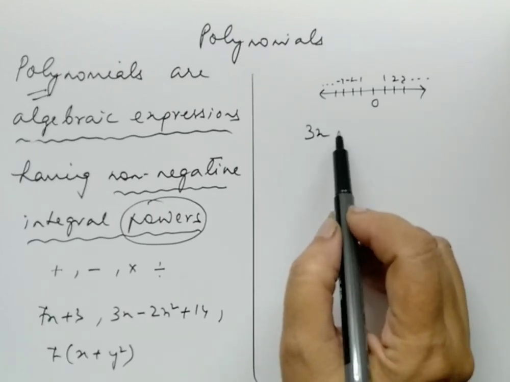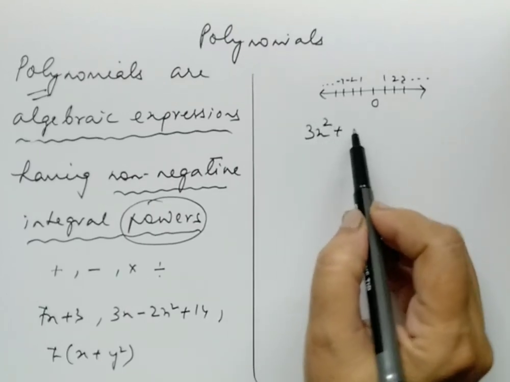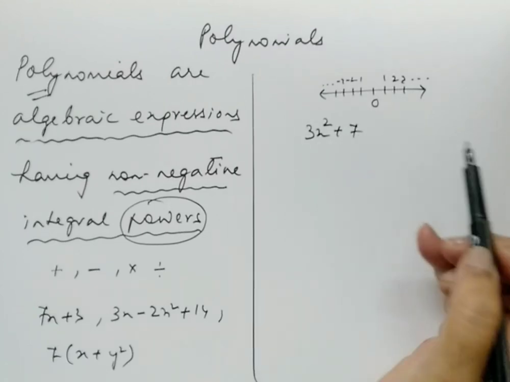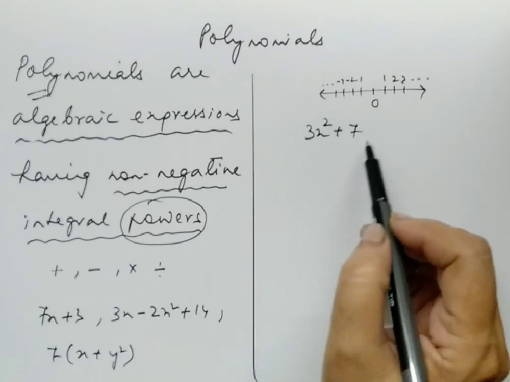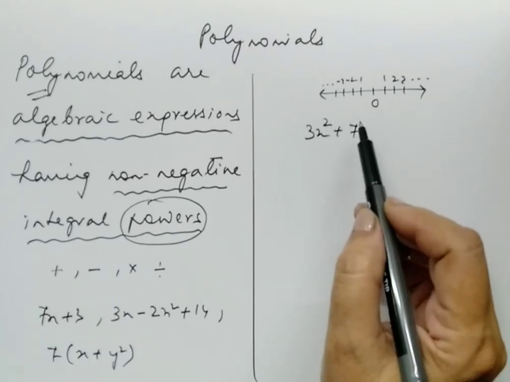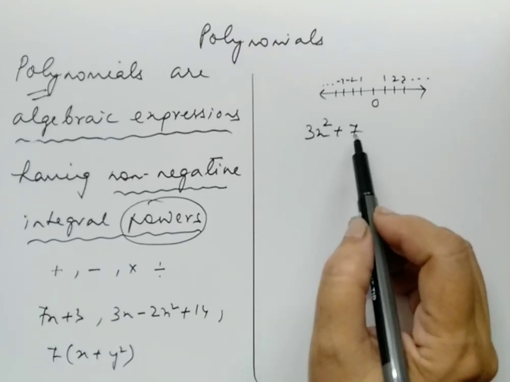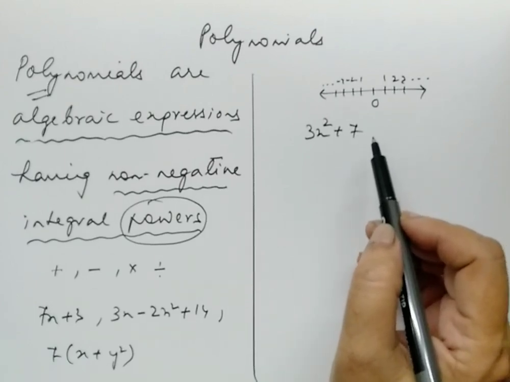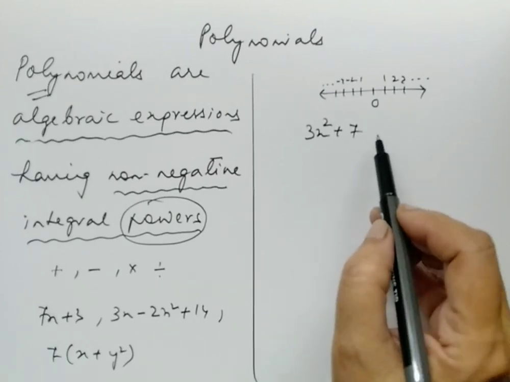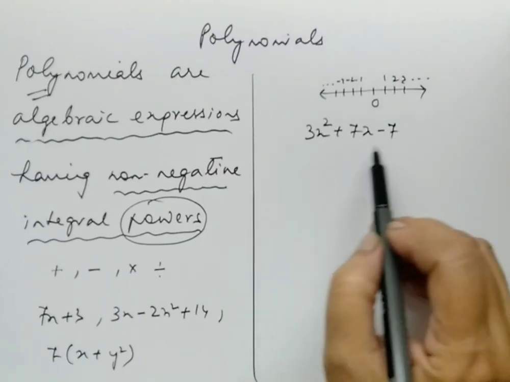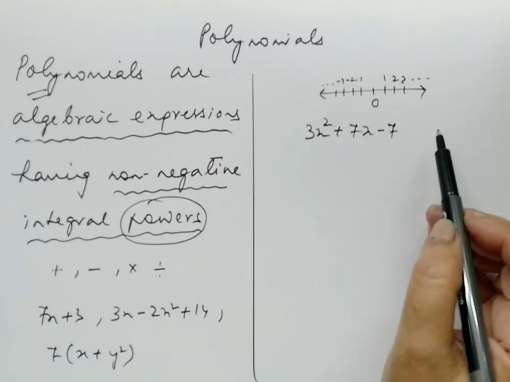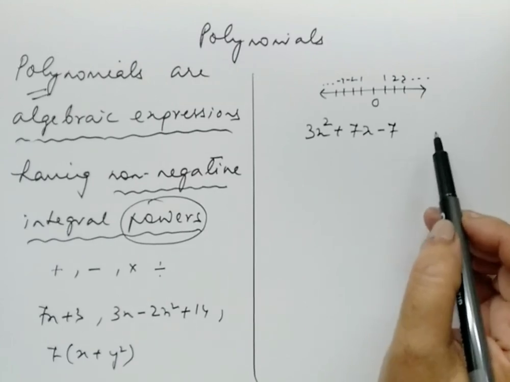If we were to write say 3x square plus 7, this is also a polynomial. This has two terms, so we can call it a binomial. If this was extended more, we would call it a trinomial, and so on and so forth.